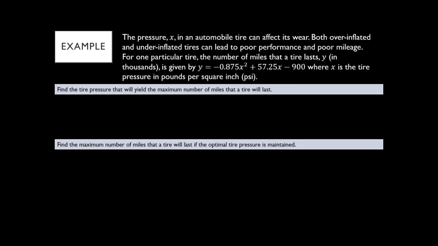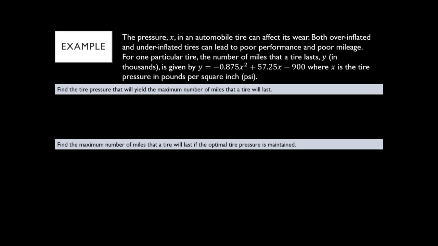They do that so you don't have to use really big numbers in your calculations, and then you just have to remember that these are thousands. The formula is y equals negative 0.875x squared plus 57.25x minus 900, where x is the tire pressure in pounds per square inch, which we abbreviate with PSI.